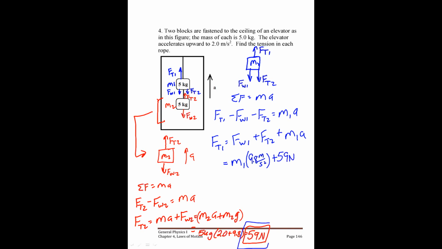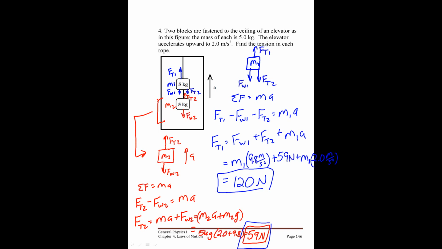That's from down here. Plus M1 times 2 meters per second squared. That's from the problem. And if I put in M1 as 5 kilograms, I get 120 newtons. 120 newtons, that's right.